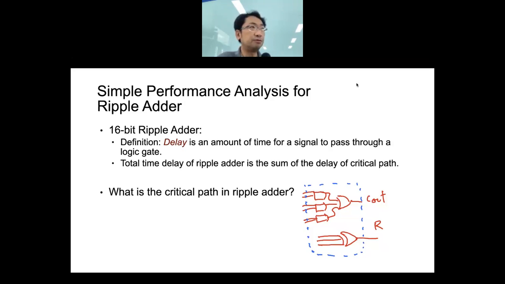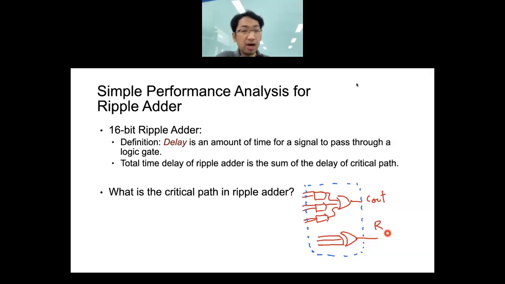If we want a 16-bit adder, we duplicate this box 16 times. And we feed the Cout of the very first bit to the next bit. For example, the Cout of bit 0 will be fed to the Cin of bit number 1, and so on.